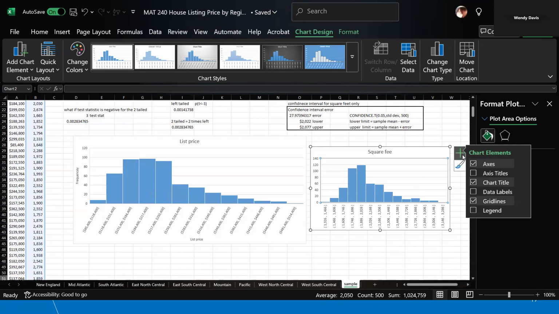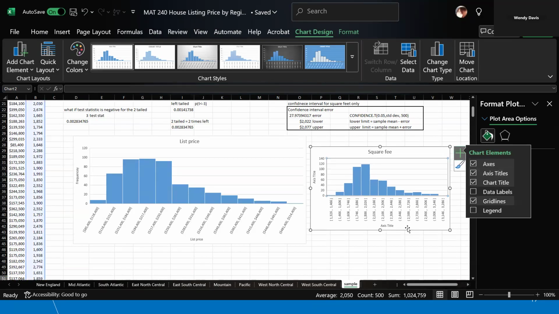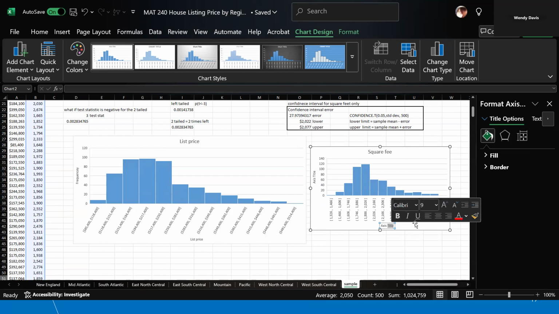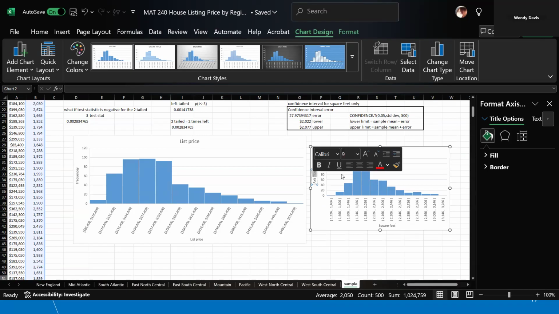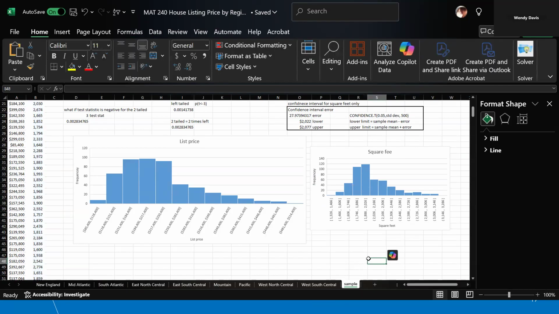And our titles. You can put your region in there in your title. That's a good thing. Double click in there. Frequency. Okay, so there's our charts.